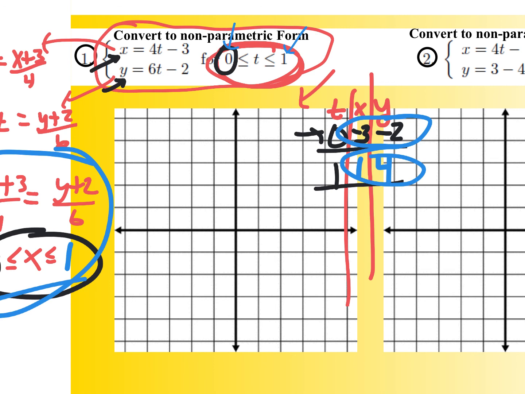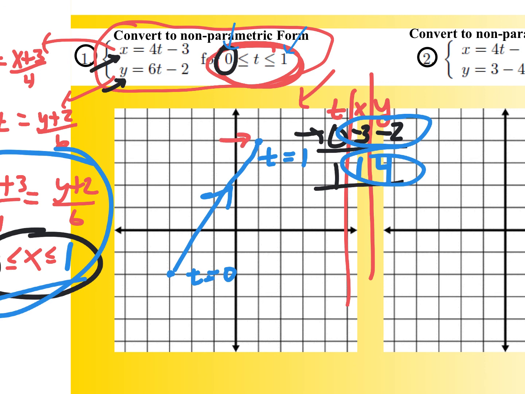So -3, -2. I could easily see a kid going, yay, I graphed it, I'm done. Wrong, because you'd have to say t equals 0 and t equals 1 and a direction. It was going that way. Why don't you think I put the arrow on the tip of it?